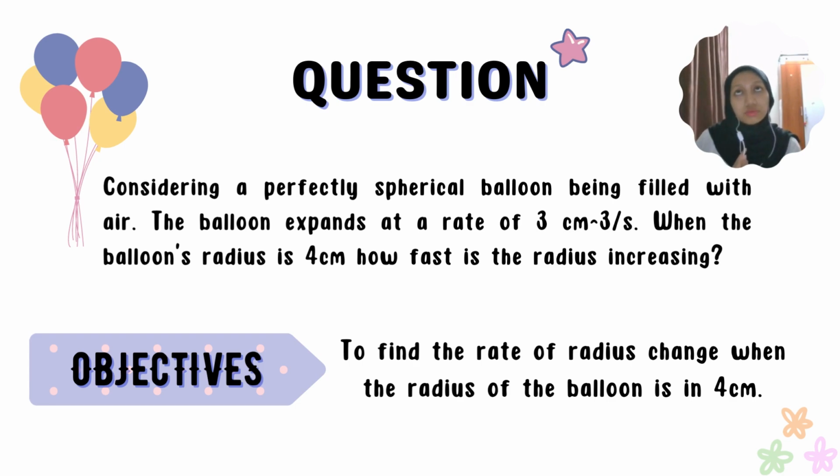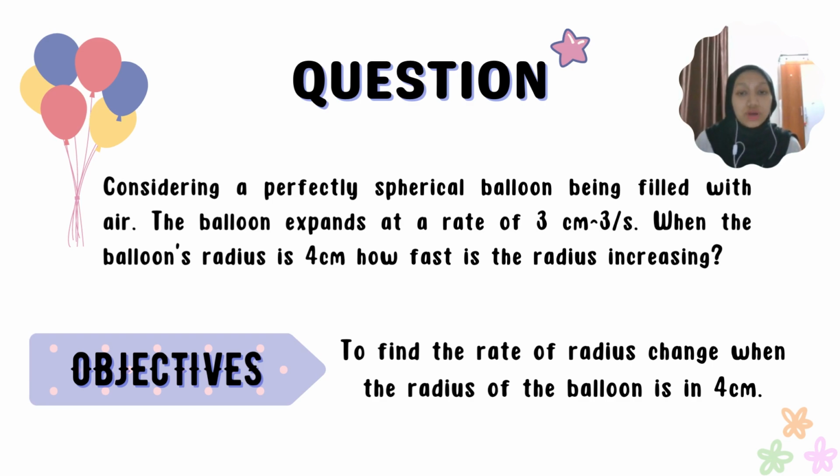Before we start doing our questions, we should understand the question perfectly and identify any information that we can use to solve it. From this question, we can find that the objective is to find the rate of radius change when the radius of the balloon is 4 centimeters.